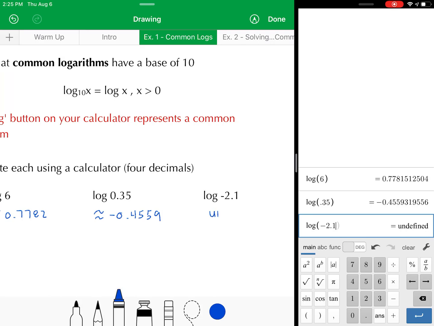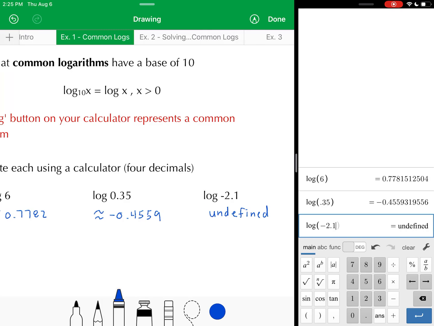And the reason for this, recall, is you cannot take the logarithm of a negative number. If I take 10 and raise it to a power, no matter what that power is, whether it's positive or negative, the result will never equal a negative value like negative 2.1.